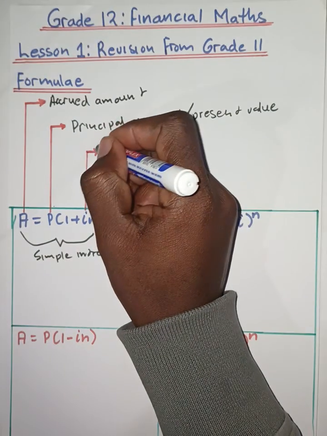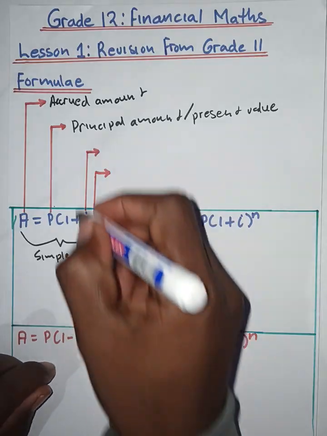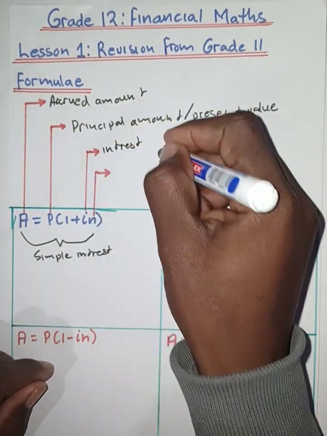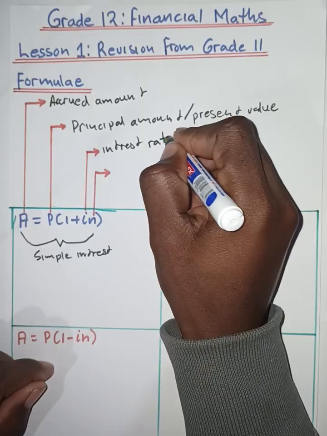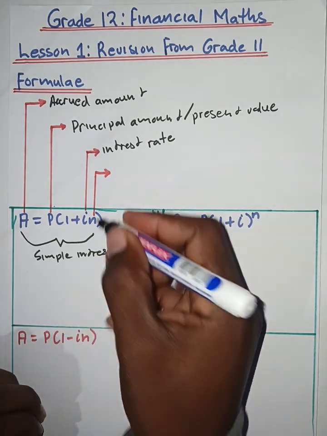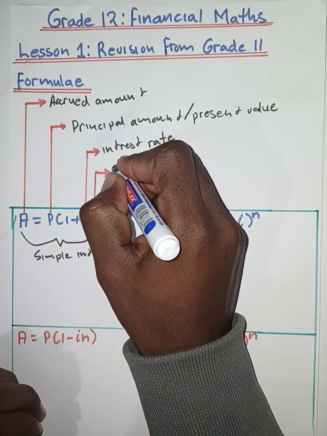I stands for the interest rate, and most importantly, n does not stand for the number of years. We learned that in grade 11. So n actually stands for the number of times interest is added.